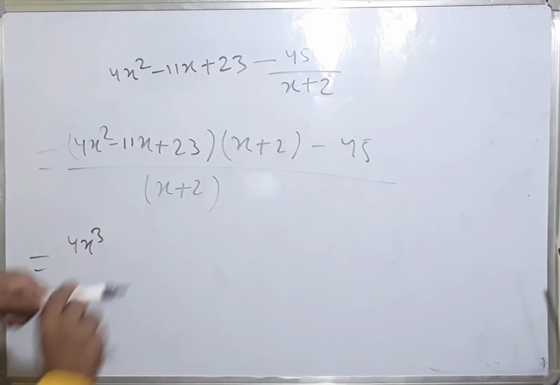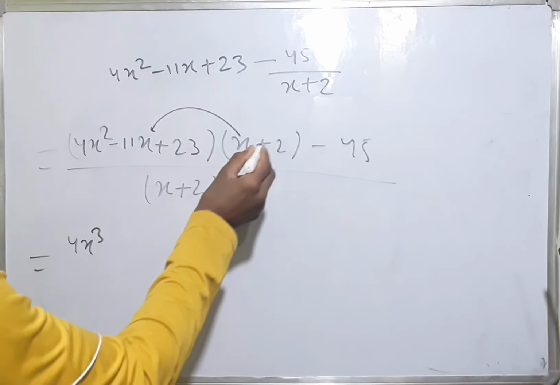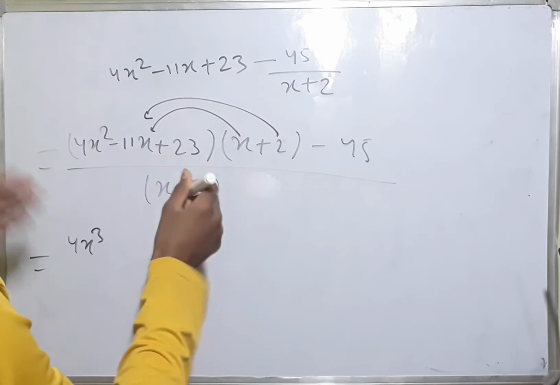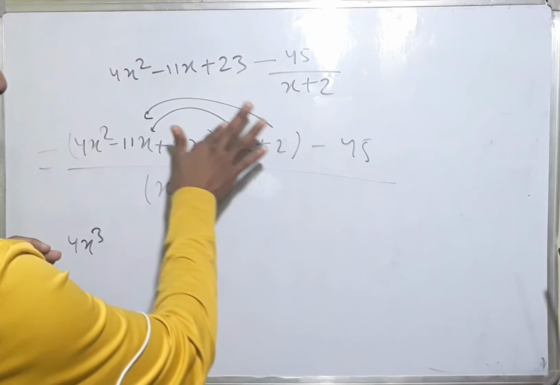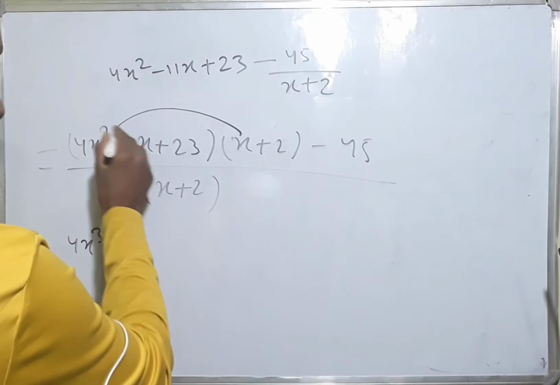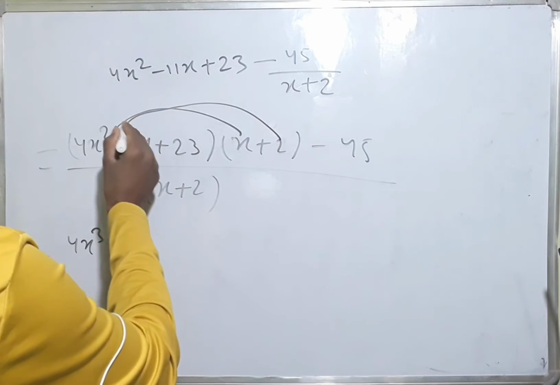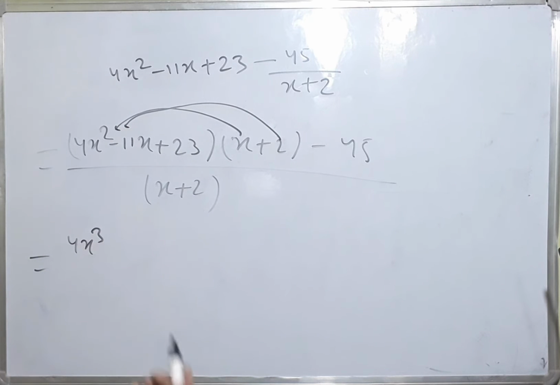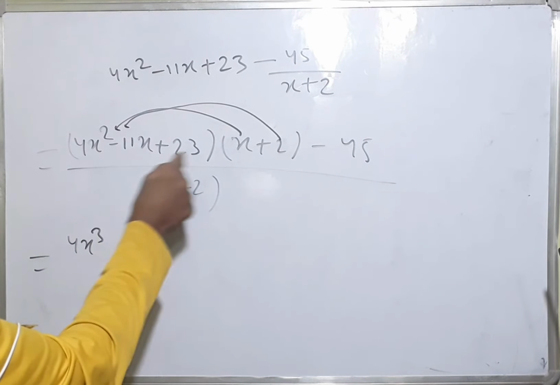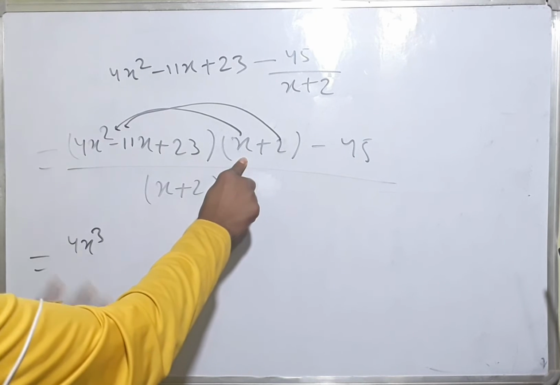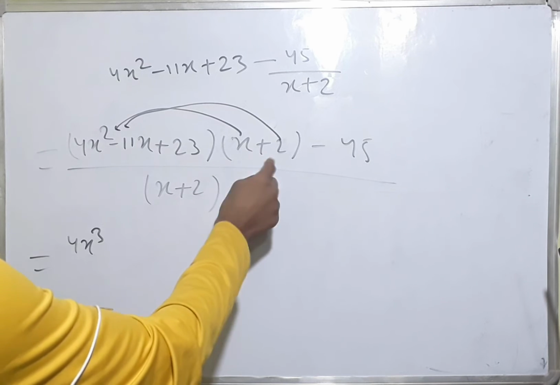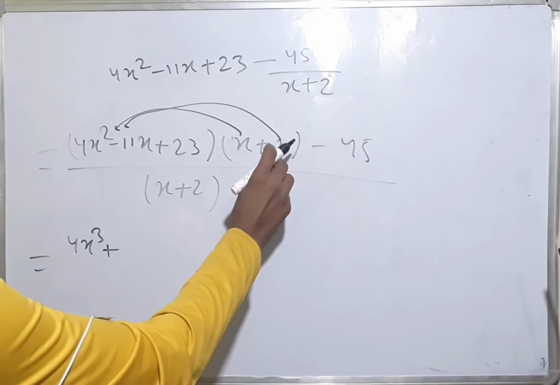If you distribute this into this whole and then distribute this into this whole, or if you do it another way, distributing this into each and then this into each of them, they mean exactly the same thing. Meaning you could multiply this into these after being finished with this, or you could do this together with this one.